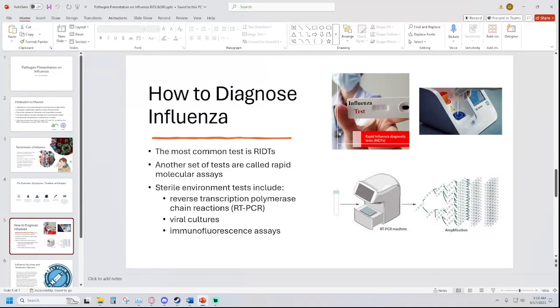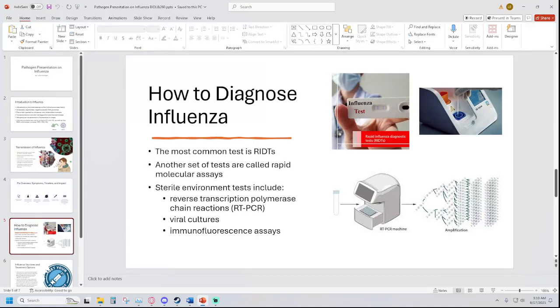Tests in sterile environments such as hospitals and labs include a reverse transcription polymerase chain reaction, otherwise known as an RT-PCR, which converts RNA into complementary DNA, and then it goes through multiple cycles of PCR using DNA polymerase.